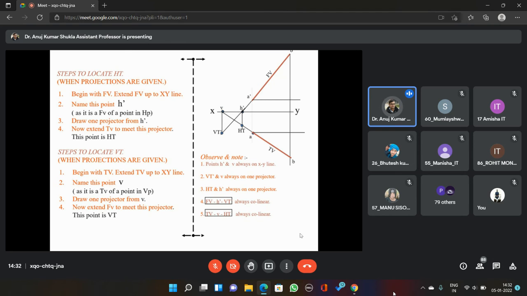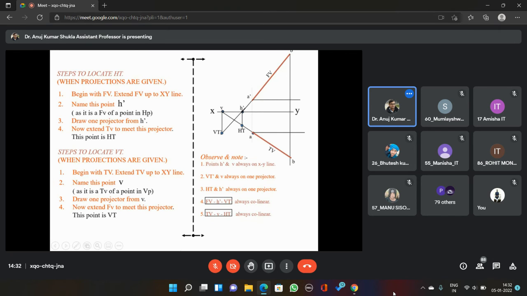Observe and note: points H prime and V are always on the XY line. VT prime and V are always on one projector, HT and H are always on one projector. FV, H prime and VT are always collinear. Is it so? Yes, it is collinear. There are some observations you can check.